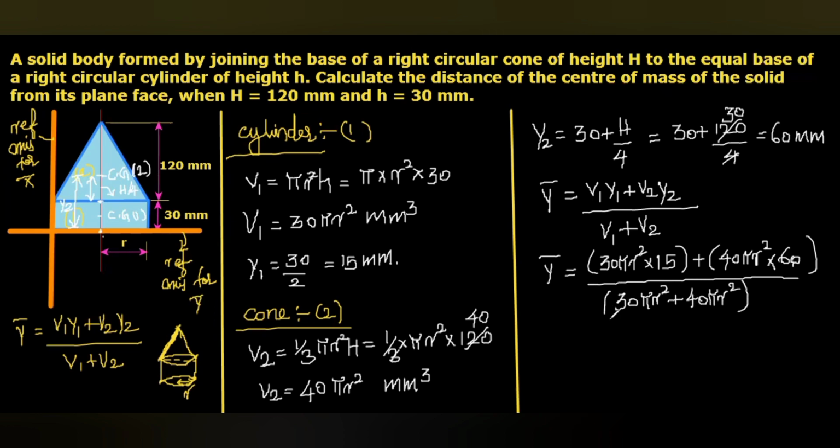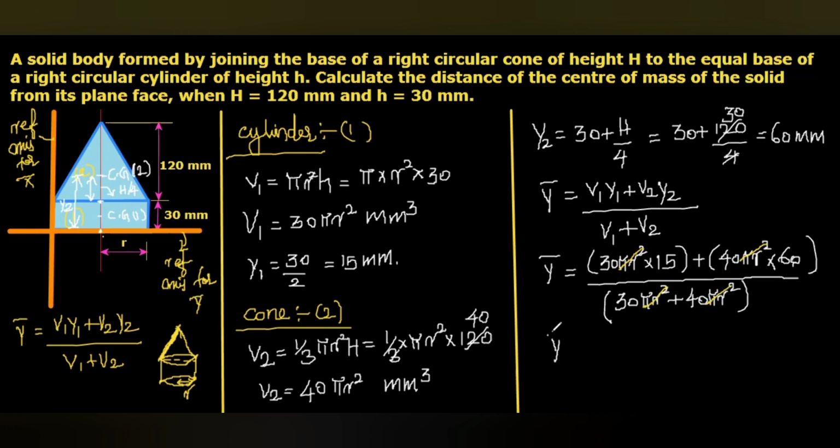Here you can see pi r square in the numerator and denominator. That value is common, so you can take it out and we can eliminate it. That pi r square in the numerator and denominator, we can take as common outside, then we can cancel.